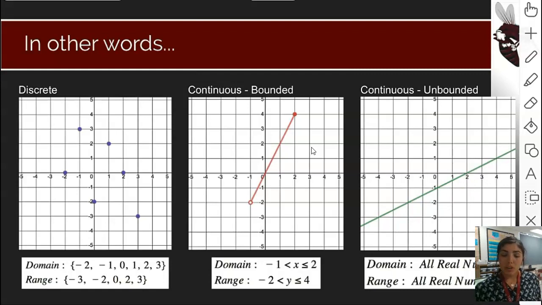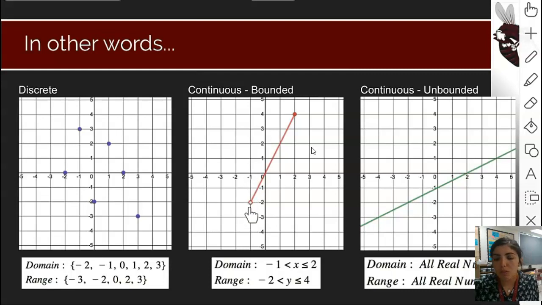So for domain and range in continuous, we don't just list things because there's a whole bunch of tiny little numbers in between on that line that we aren't going to sit here and list. They're infinitesimally small. But what we will do is list the numbers from smallest to largest and the domain and the range that goes between them. So I notice right here on the left, the smallest number that I can go to the left is right here. It's an open circle that appears at -1.